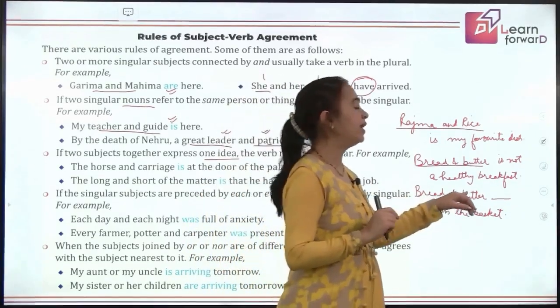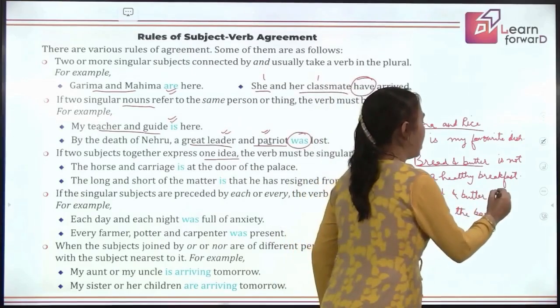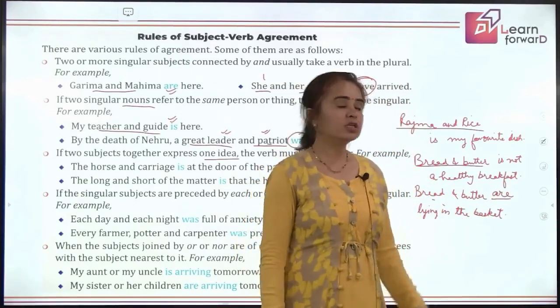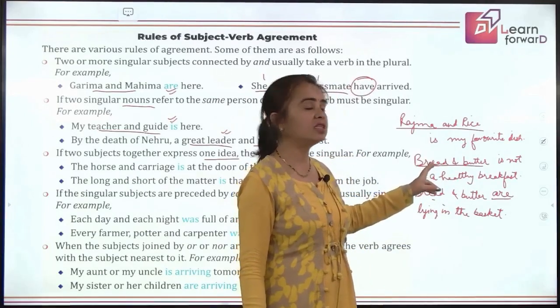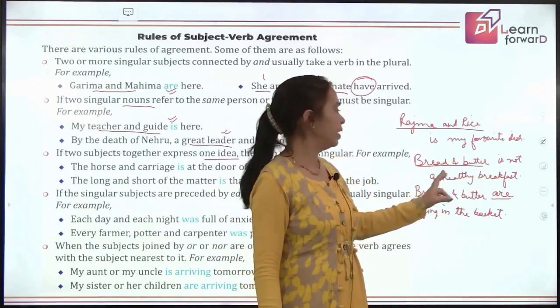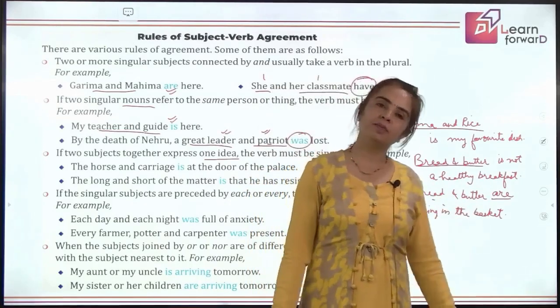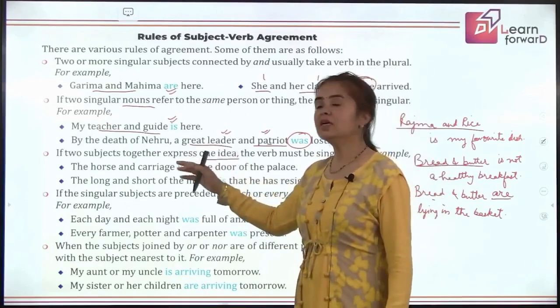So bread and butter, we are talking about them individually, are lying in the basket. Clear? So when it is giving a single idea, one idea, it takes a singular verb. If it happens to be two different ideas, then it takes the plural verb. This is the role of the conjunction and in the subject.